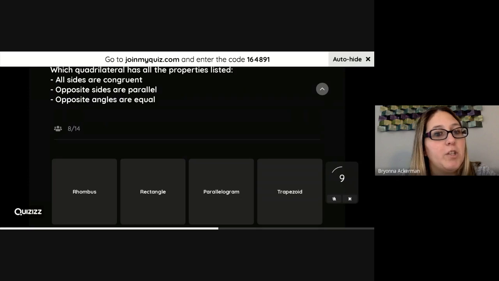So it's important to make sure that it follows all of these properties, okay, in order for it to be true. Because some of them follow some of them, but not all of them.